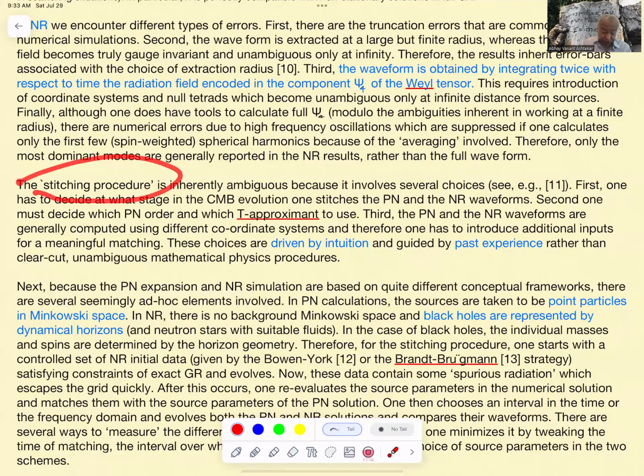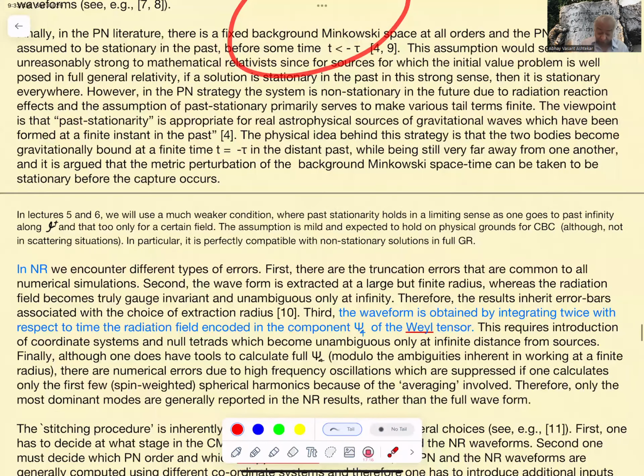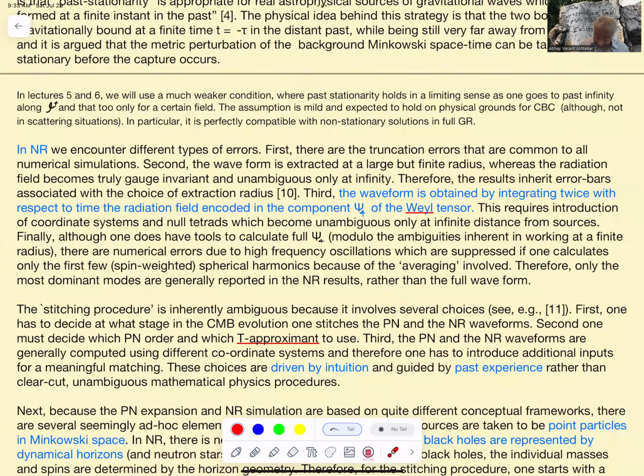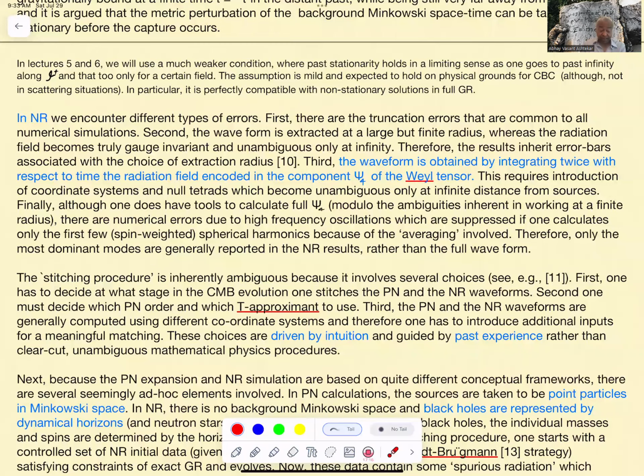Now, the stitching procedure, which involves taking the post-Newtonian waveforms up here and stitching them with the numerical waveforms up here, has several inherent errors. There are several sources of errors in the stitching procedure.